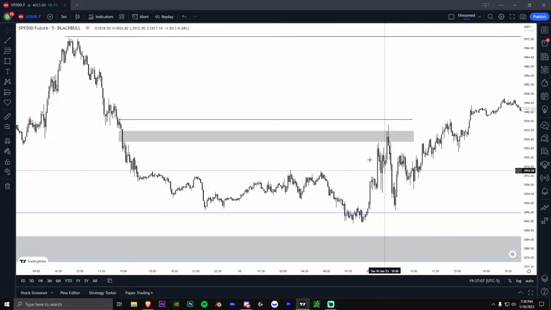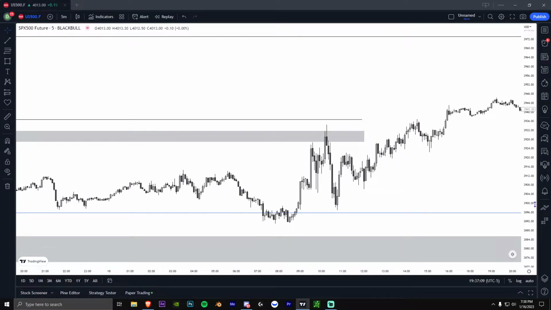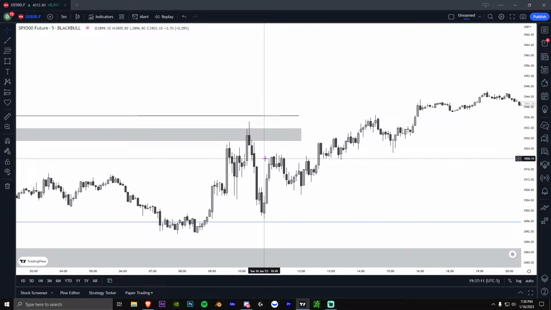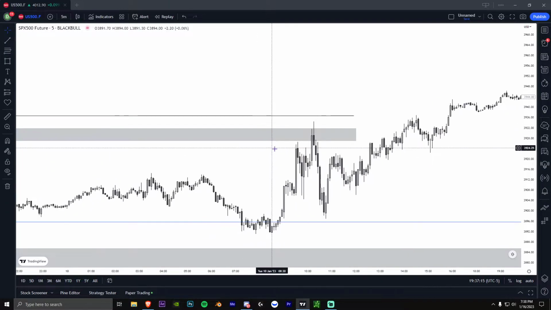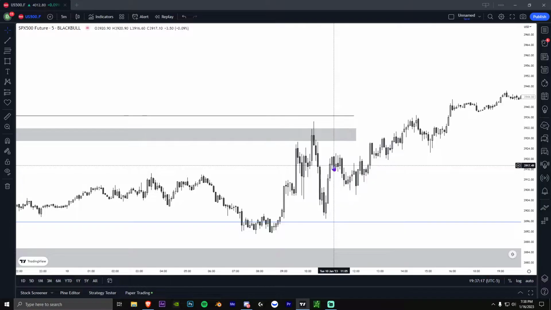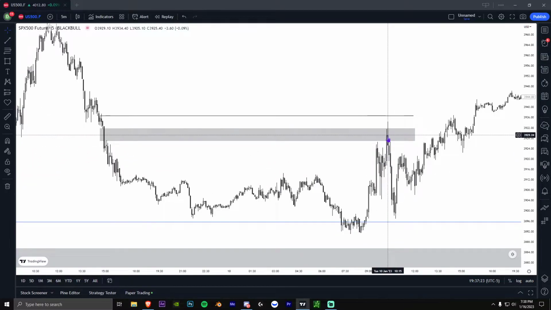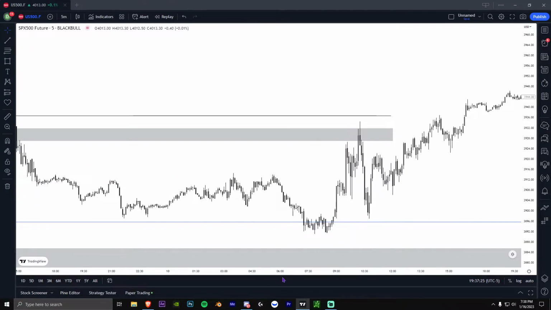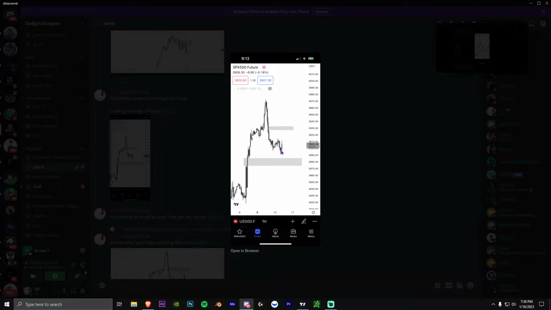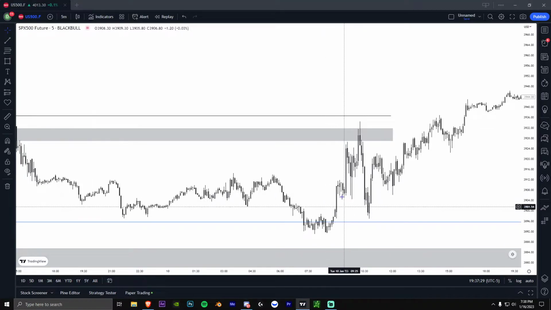So what ended up happening was we ended up rejecting it, okay? And some people they like to wait for confirmation, so they're not just gonna slap short here. But if you did not, let's say you are bullish for the day, okay? And let's say you didn't get an entry off here. Well, once you see us reject the zone, okay? When I drew these zones, I did not have all of this yet, okay?